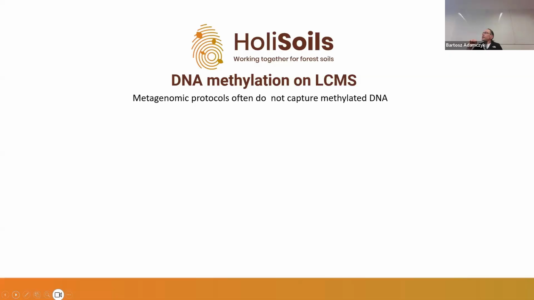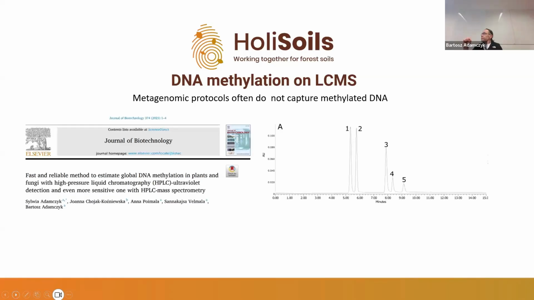Yes, so another method which we developed during the last couple of years is the DNA methylation method. Typically, metagenomic protocols do not capture the methylated DNA. Next one. So methylated DNA has a methyl group bound to cytosine, which is blocking the replication and so on. So it's good to know that level of DNA methylation because it's also a marker of stress.